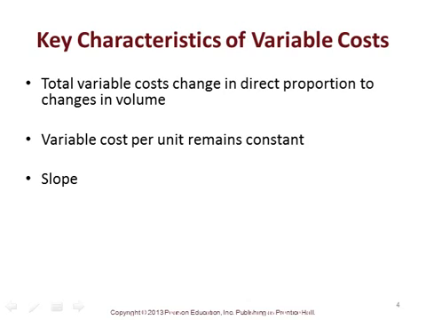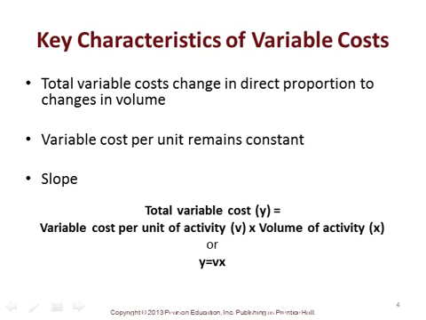So variable cost per unit remains constant, and then we talk about the slope. So where we have zero volume, we have zero variable costs, right? Because if I'm not manufacturing anything, I'm not incurring any variable cost. So the slope of the cost line is what gives us our variable cost per unit.